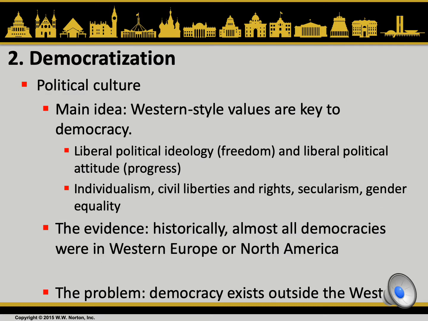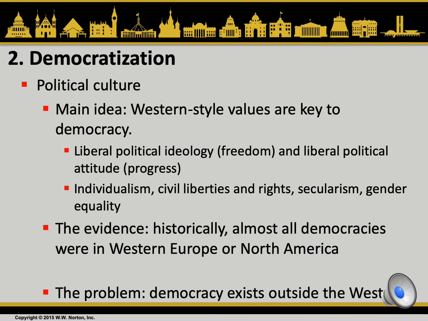Some would argue that democratization happens within a country because of its Western-style political culture, where a liberal political ideology of freedom and a liberal political attitude of continual progress helps focus and bear out individualism, civil liberties and rights, secularism, and various equalities across segments of the population.